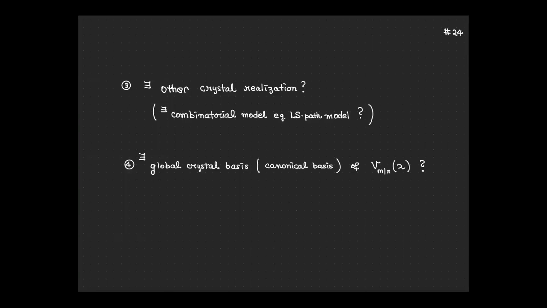But even for GLMN, and even for the polynomial representation, there are no presentations now. So I think that is related to the difficulty when you try to find the canonical basis of this irreducible representation. Okay, so let me stop here.